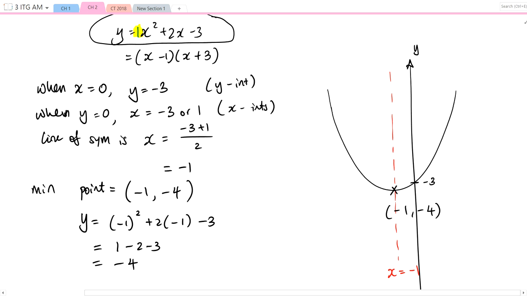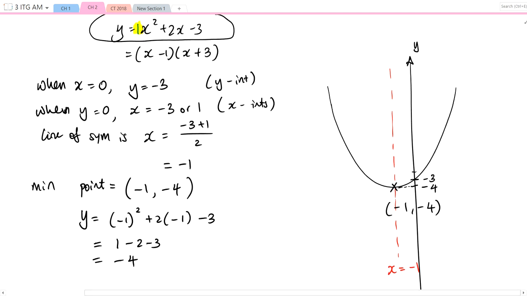And we see that -3 is found above -4, which makes sense. So this must be -4. If this is -3 and -4 is below it, our x-axis must lie further up. So this being -3, -2, -1, 0. This should be where my x-axis is. So horizontal line.